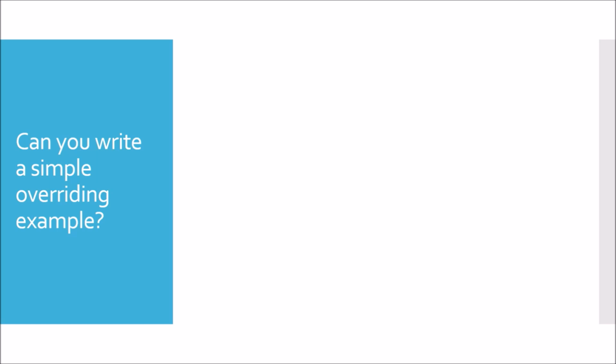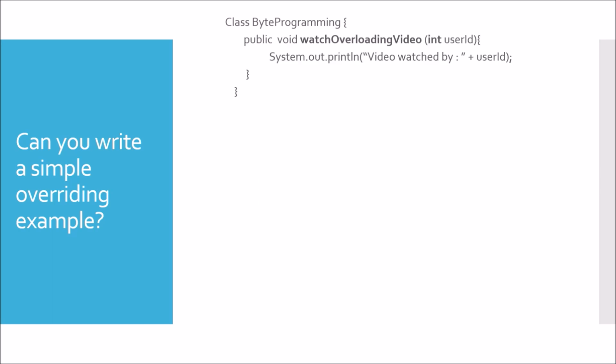Can you write a simple overriding example? Again, to answer this, let's have a class called ByteProgramming, and we have a method watchOverloadingVideo, and the parameter is of type int.